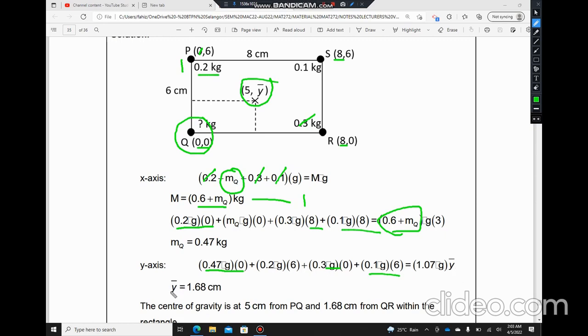Okay, so we solve for Y. So the center of gravity is at 5 cm from PQ and 1.68 cm from QR within the rectangle. Okay, so it means the center is 5 and Y is 1.68. We already got this because the X value is 5. The first part is just to calculate MQ.